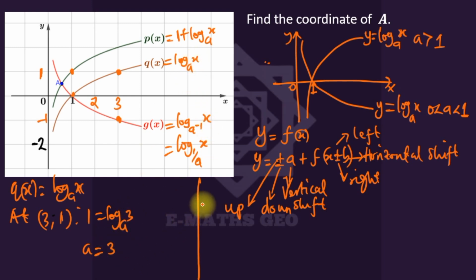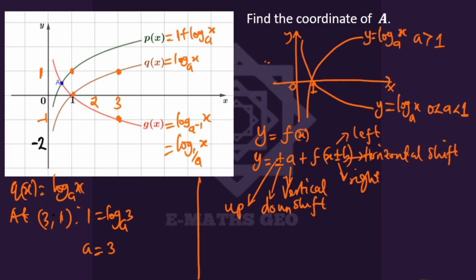So what do you do? At the point of intersection now, you equate the two, P of X and G of X. So we now represent A with 3. Let's do it in another page.